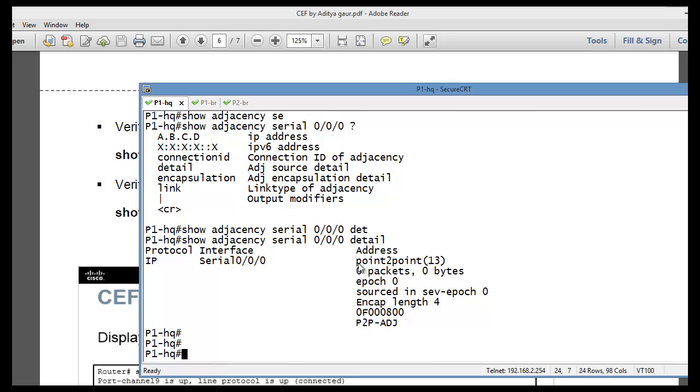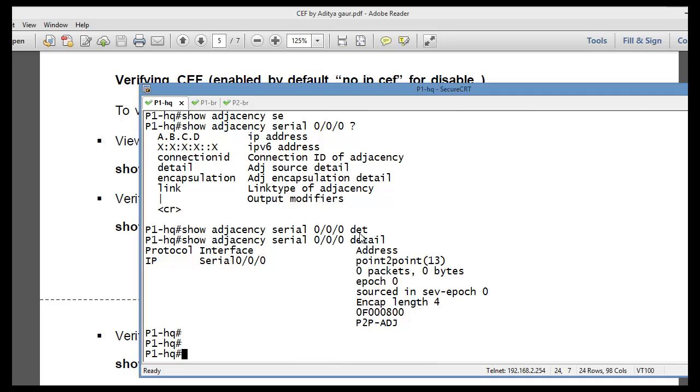You can verify that it is a point-to-point network. Since no packet has been sent or received yet, we are not going to see those counters, but all the other information we can see, and we can verify Cisco Express Forwarding.